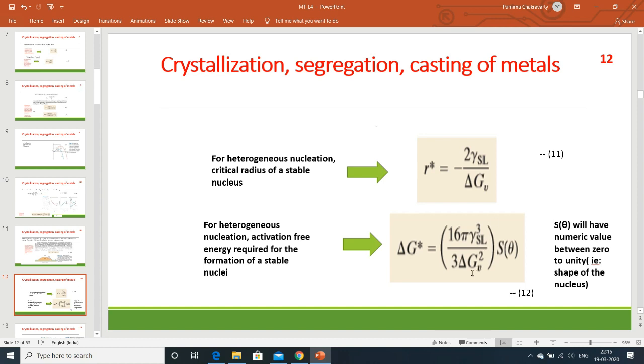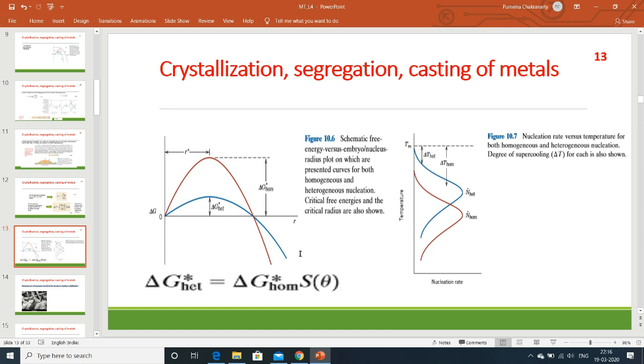And you will see that the activation free energy term in the heterogeneous and homogeneous systems is the same, but with a difference of only S theta. Going forward, we will compare the critical radius and critical free energy of both systems for homogeneous and heterogeneous nucleation.